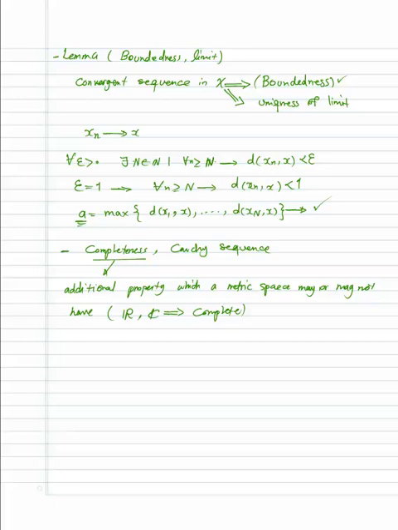It means that, let's go to the Cauchy sequence. The definition of a Cauchy sequence: it is a sequence Xn in a metric space. Then so far nothing is really different from a normal sequence.